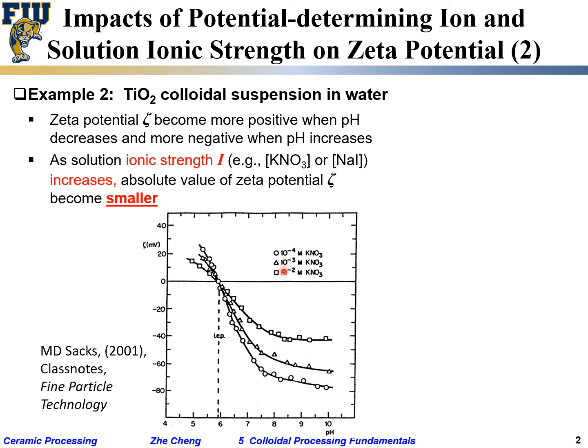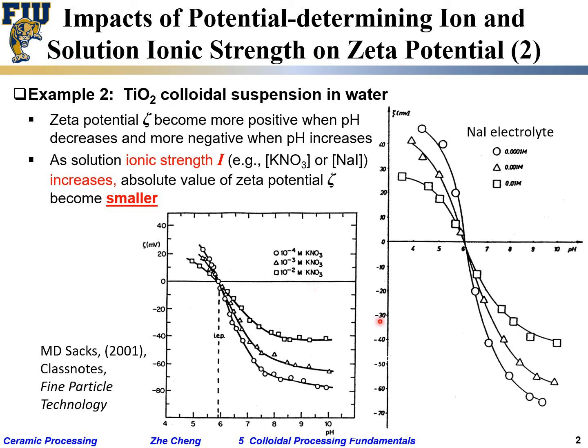Supporting electrolyte concentration, which means increasing ionic strength and decreasing what? Zeta potential. In this case, I'm still using potassium nitrate as my so-called supporting electrolyte.